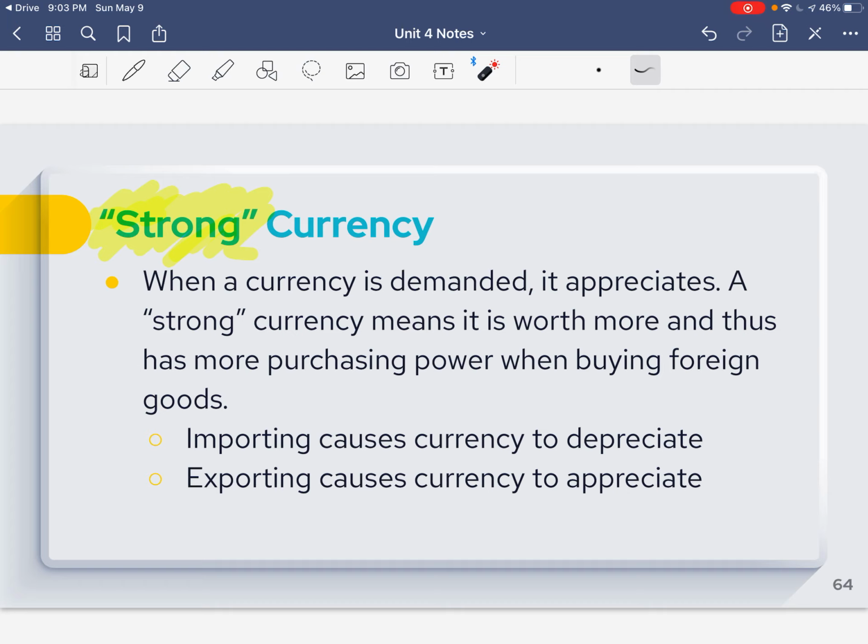People are buying things from that country. Its worth is more, and if its worth is more, it means that they have more purchasing power. They can buy more with that currency in a different country. So a strong currency is a currency that is more appreciated. So those countries are probably exporting. Exporting causes a country's currency to grow in value, to appreciate, while importing causes a country's value to depreciate.